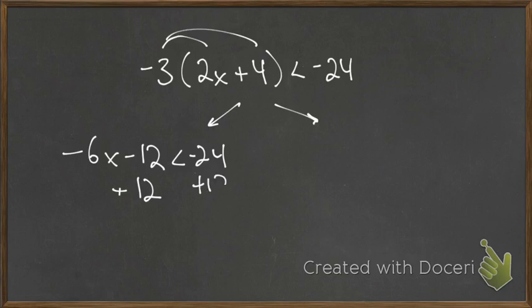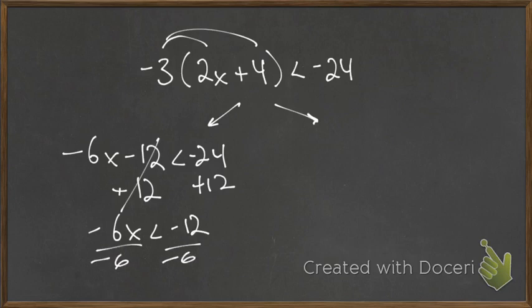So we're going to add 12 to both sides. So negative 6x is less than negative 12. And last step, Caitlin, what am I going to do next? Thank you. But since I divided by a negative, flip the symbol. There we go. Thank you. So x is greater than 2.